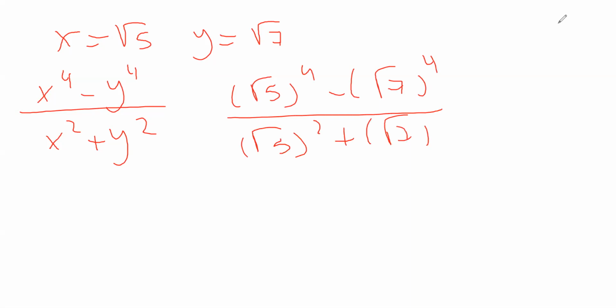But if I don't want to do so, of course root 5 power 4 is like 4 divided by 2, which is root 5 power 2, but I want to simplify it first.